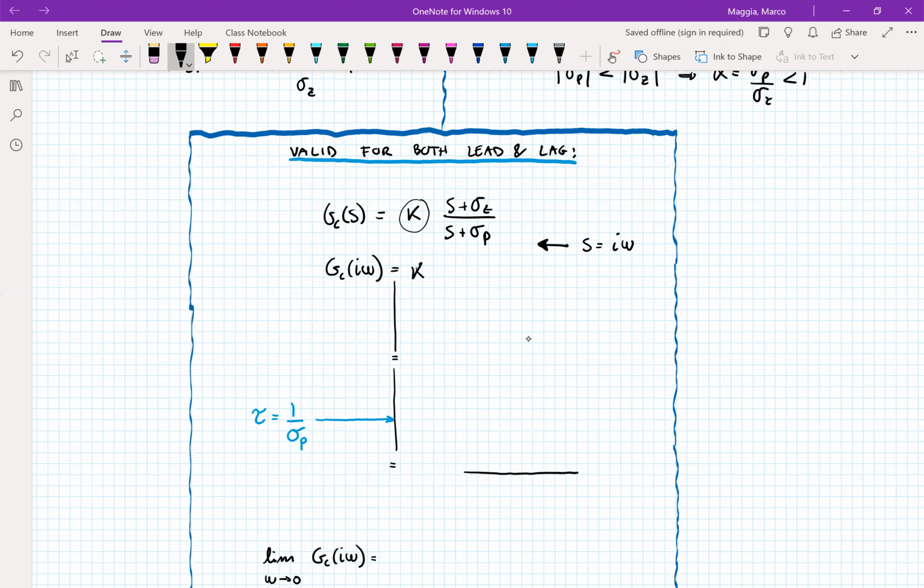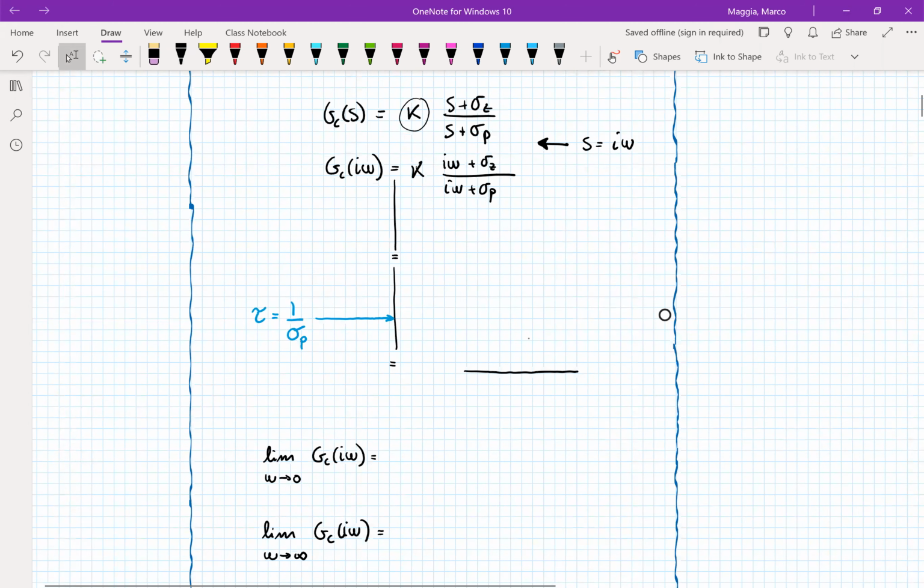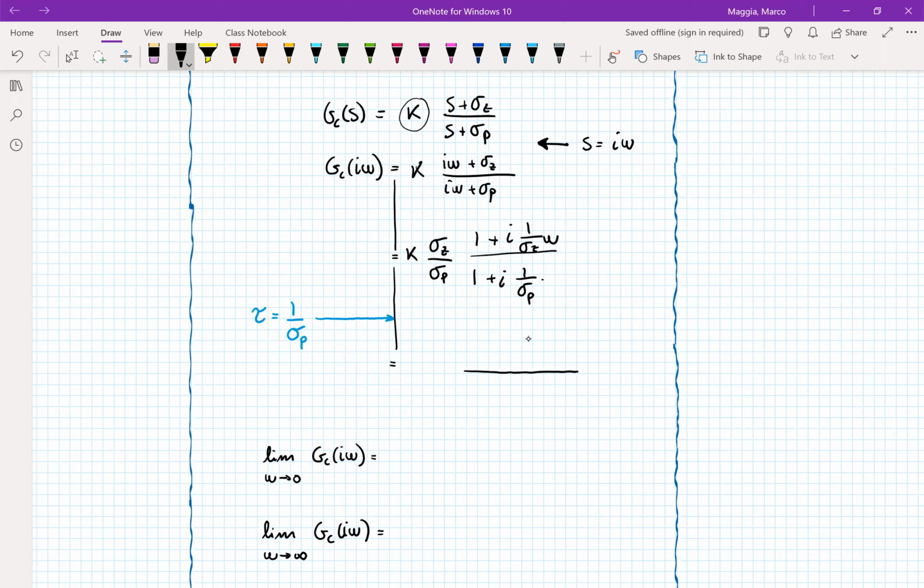We have K times i omega plus sigma z over i omega plus sigma p. And we just collect sigma z at the numerator and sigma p at the denominator, so that we have 1 plus i over sigma z times omega, and at the denominator we have 1 plus i over sigma p times omega.